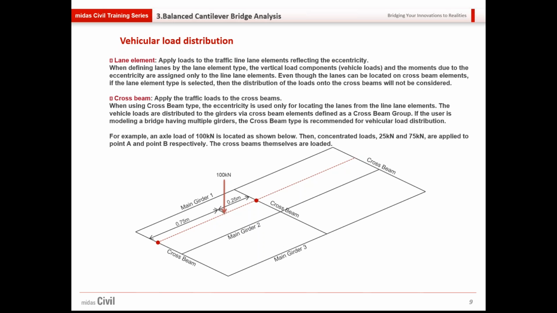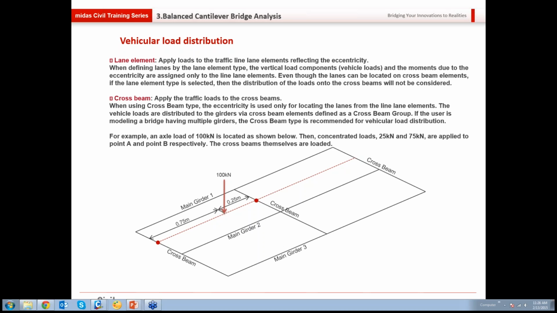This is how the distribution will happen for the grillage element. So whenever a grillage model is used, you have to select the cross beam option, and if it is a line model, you have to select the lane element option. Okay, so since in our case it's a line model, we'll be selecting the lane element option.